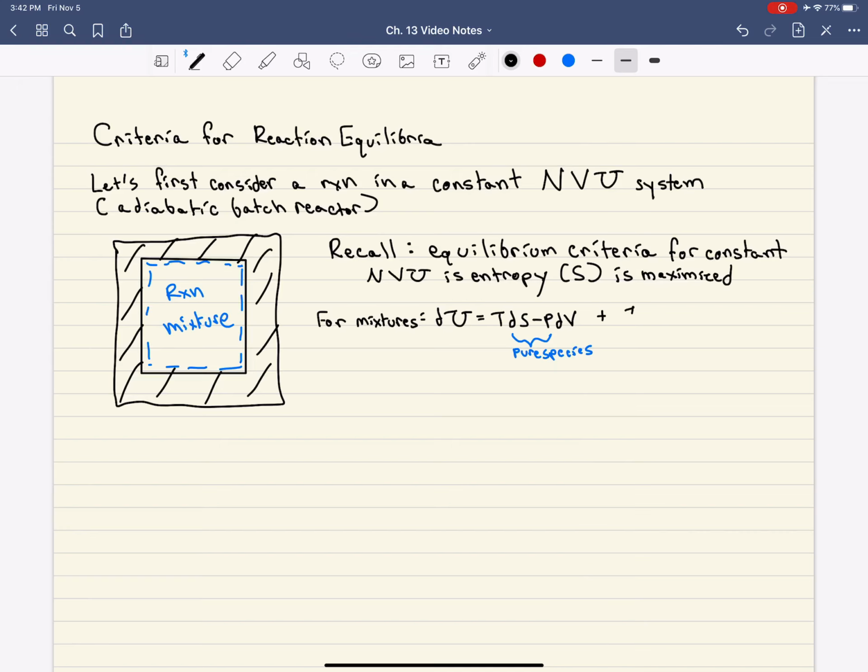But then, since we're dealing with mixtures, we also need terms that account for the different species in the mixture, right? And from Chapter 8 and Chapter 10, we know that that term is going to be the chemical potential of each species, dNi. So this is a mixtures term.